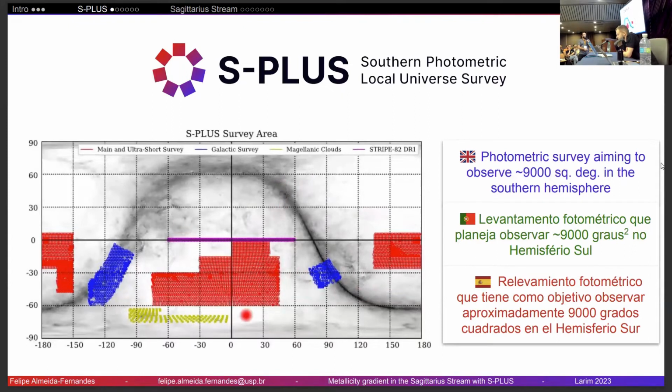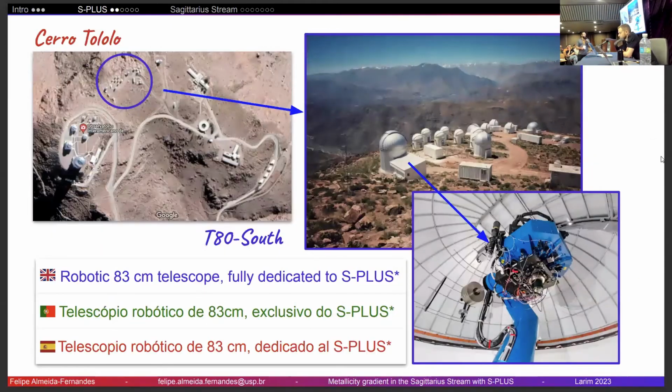It covers regions of high galactic latitude, represented in red here, as well as the anticenter of the galaxy, an area around the bulge, and the Magellanic clouds here in yellow.